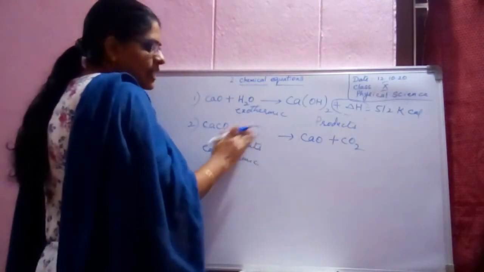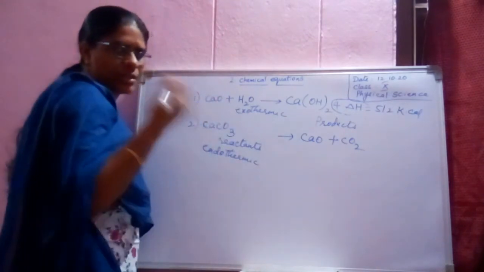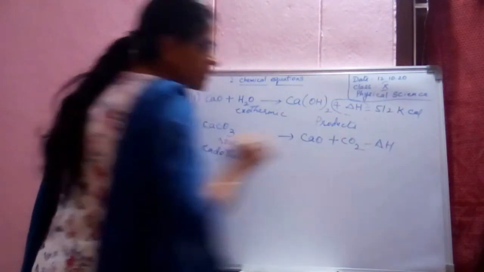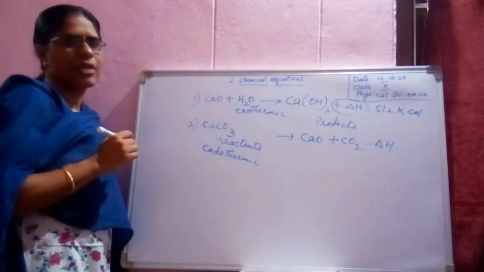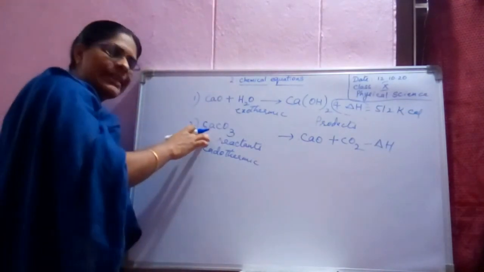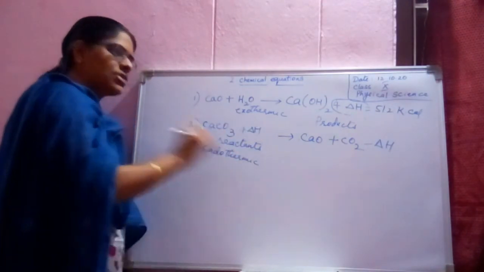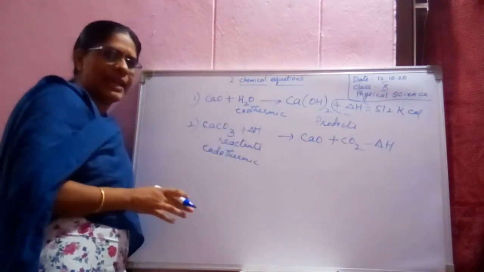Nothing else has been done. This plus delta H is similar to mathematics: if you take it to the other side, it becomes minus delta H. If they give you plus delta H on the reactant side, it's an endothermic reaction.